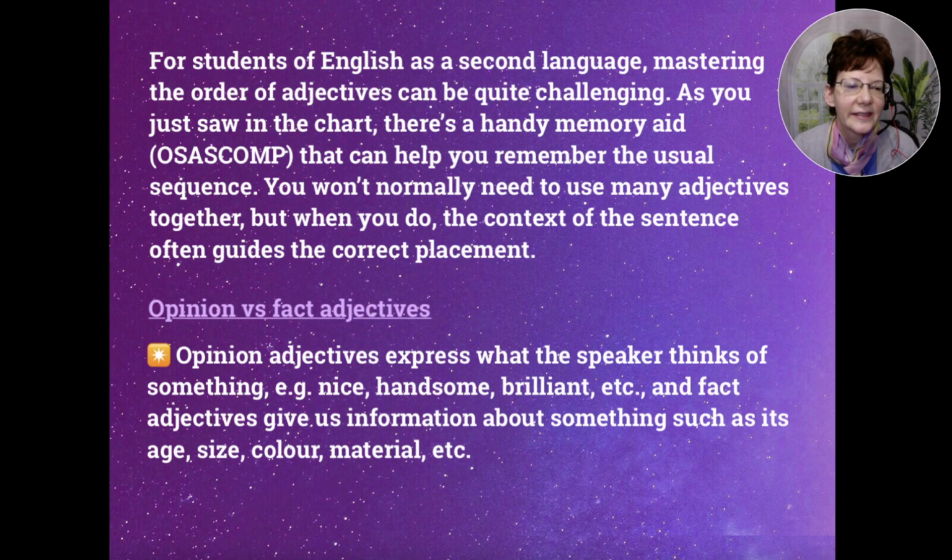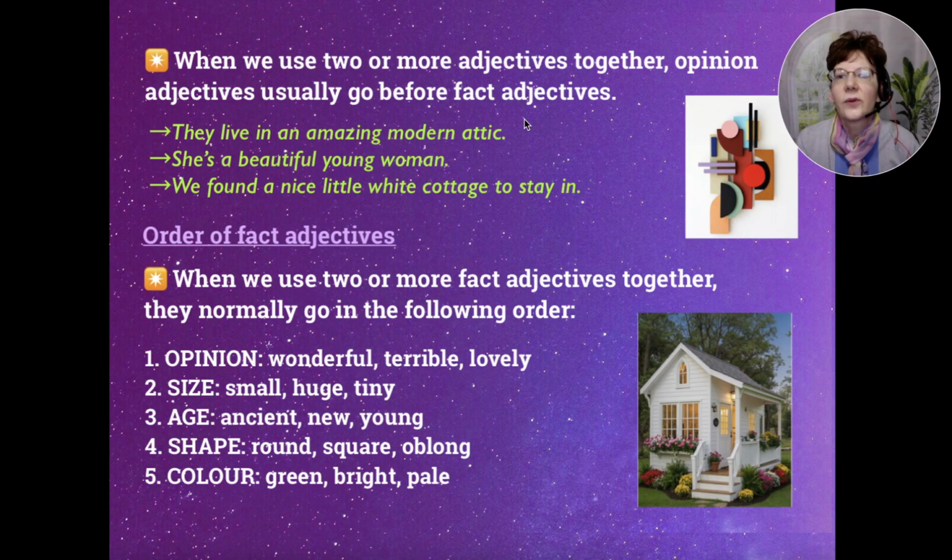When we use two or more adjectives together, opinion adjectives usually go before the fact adjectives. So, for example, they live in an amazing modern attic. Or she's a beautiful young woman. Or we found a nice little white cottage to stay in.